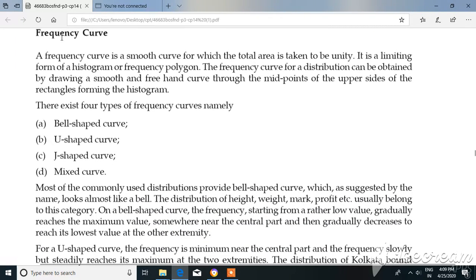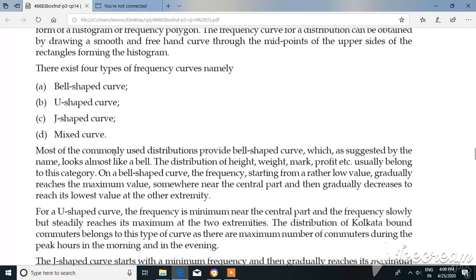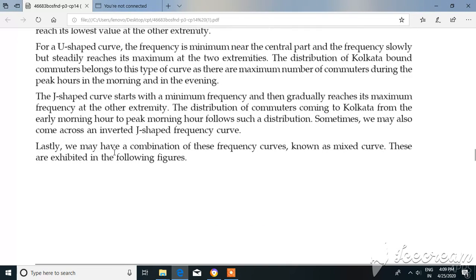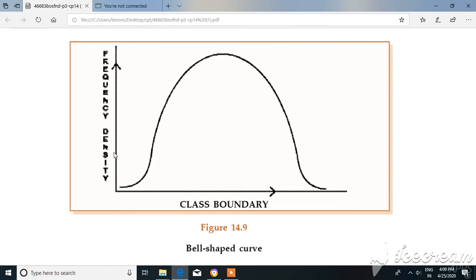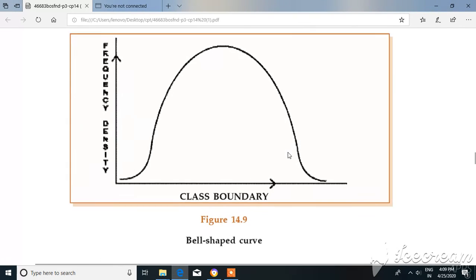Now what are the types of frequency curves? Bell shaped curve, U shaped curve, J shaped curve and mixed curve. These are different shapes of your curve. In statistics, if for the given data you get a bell shaped curve, then your data is more consistent. It looks like a bell, so it is called a bell shaped graph.